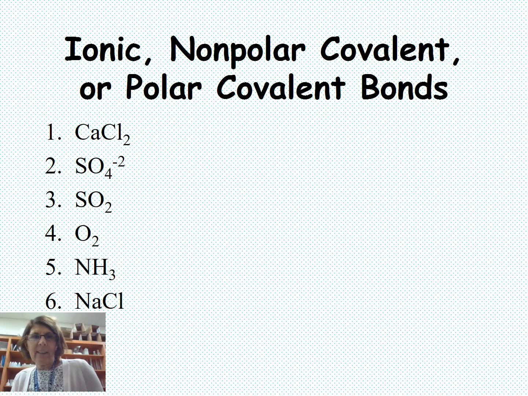So let's look at this. Ionic, nonpolar covalent, or polar covalent. So we look at calcium chloride. So you should get an electronegativity sheet. If you get your compounds or your worksheets, you can look at that.